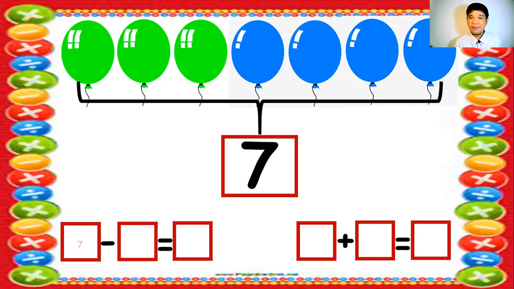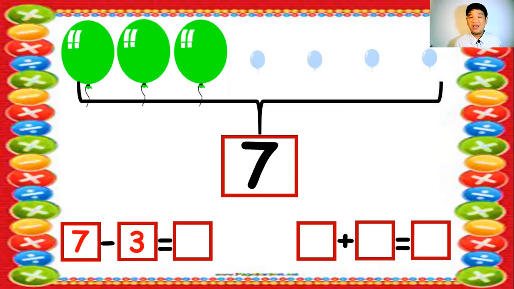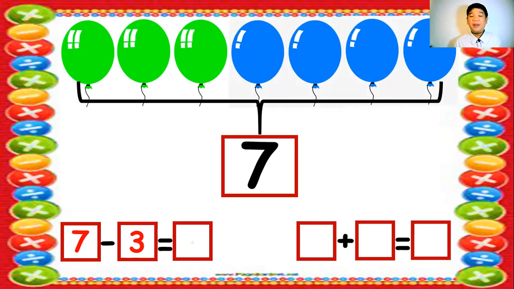We have 7 balloons, minus 3 green balloons. And the answer is, we have 4 blue balloons.